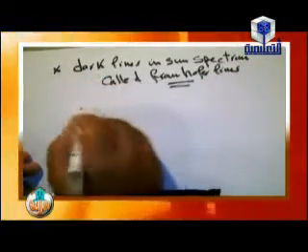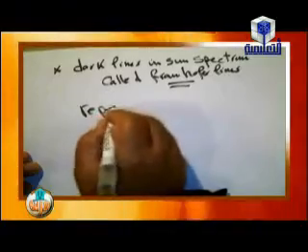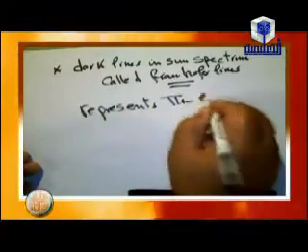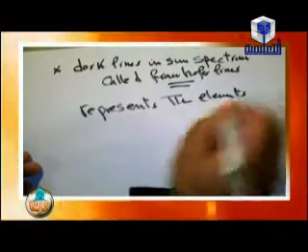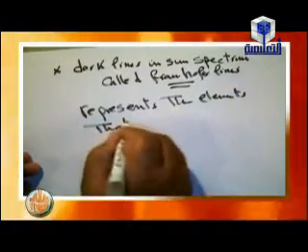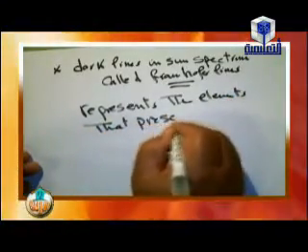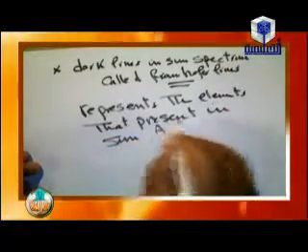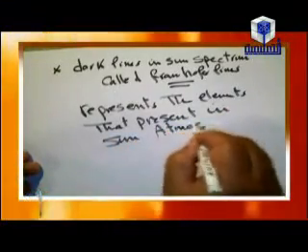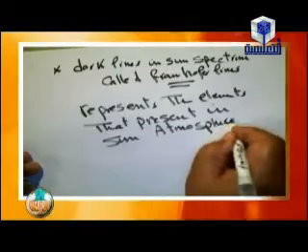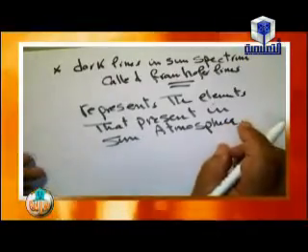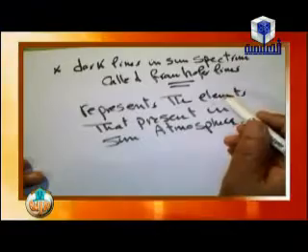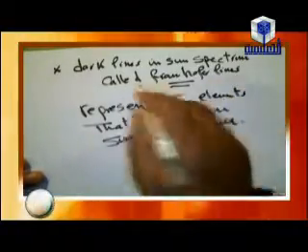These lines represent the element that is present in the sun's atmosphere. So Fraunhofer discovered these lines, and these lines represent the element which is found in the atmosphere of the sun.